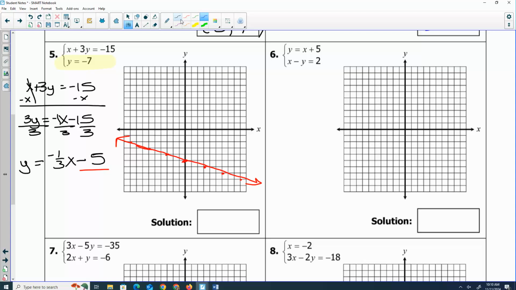If it's y equals a number, that is a horizontal line. If it's x equals a number, that's a vertical line. So horizontal, remember, is flat, vertical is up and down. So this is just a flat horizontal line at negative 7.